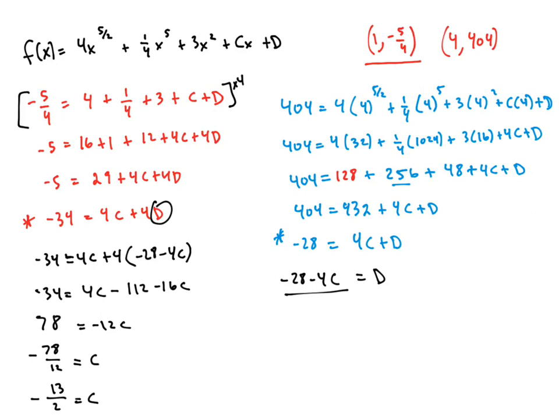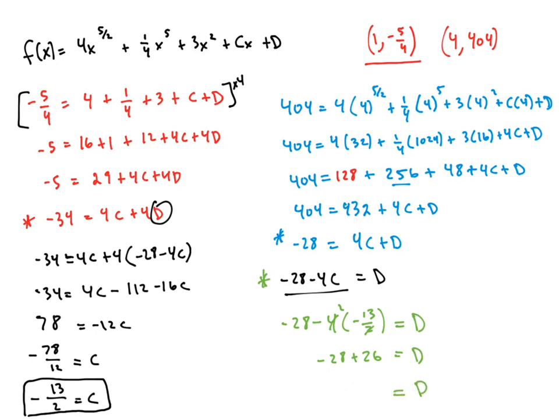So solving this equation for c, I did all the work. We end up with negative 13 over 2 for c. And then I'll just substitute that back in someplace to find d. It's probably easiest just to do it right here. So negative 28 minus 4 times negative 13 over 2 is equal to d. We end up with negative 28 plus 26, so d here is equal to negative 2.